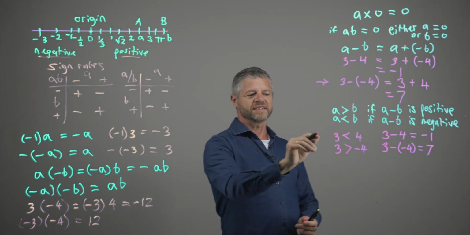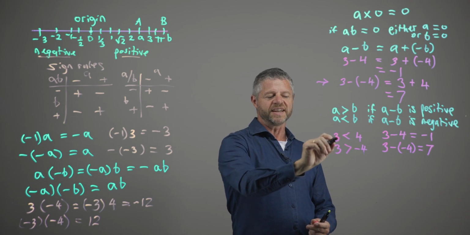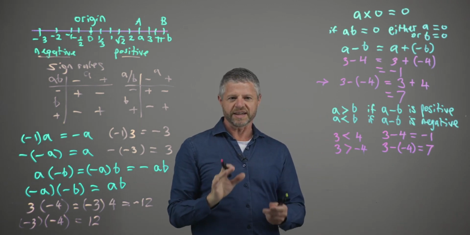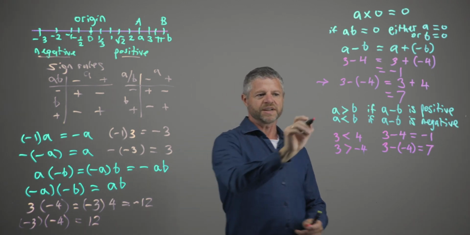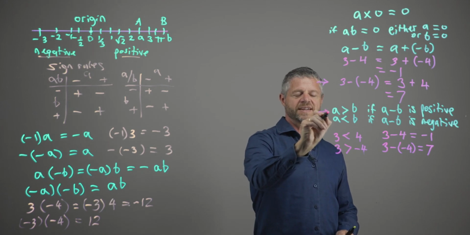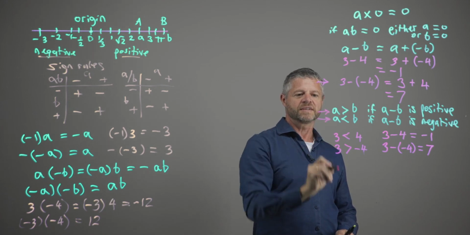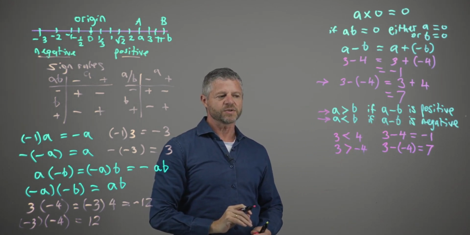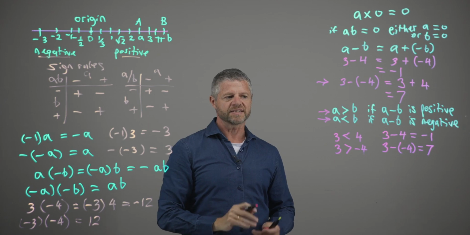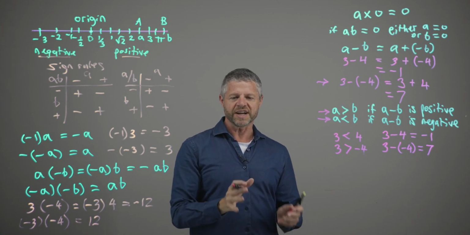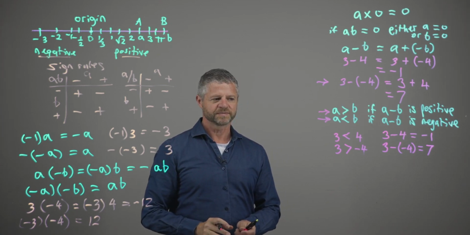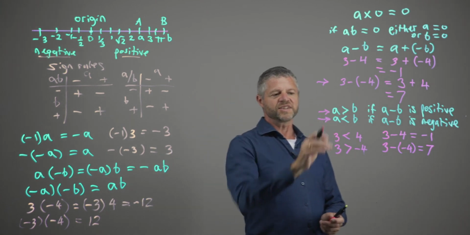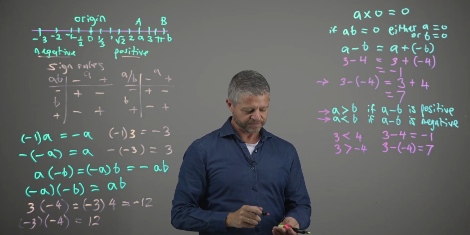So it's quite easy when you're using inequalities to get things backwards. But if you think about these as definitions for these inequalities, then it's harder for you to go astray and get things backwards. So these are strict inequalities.